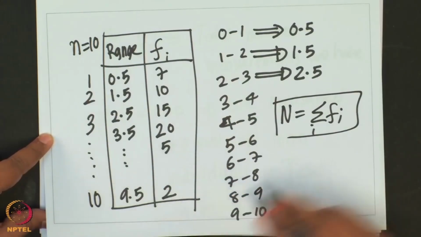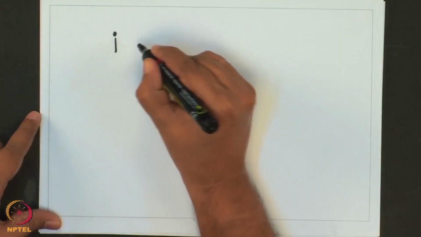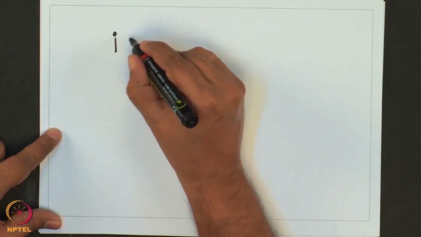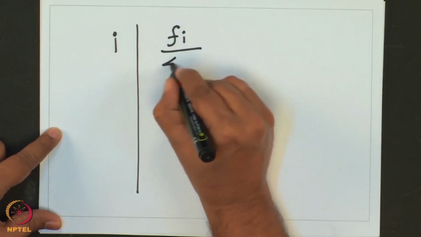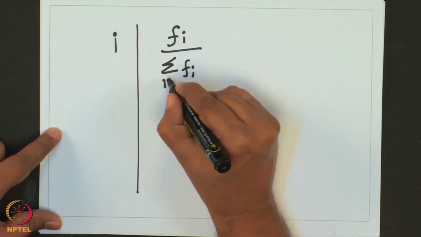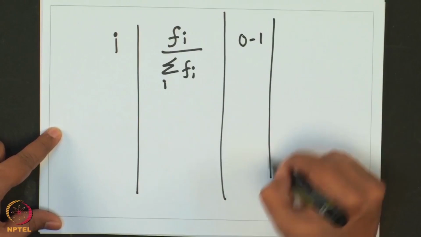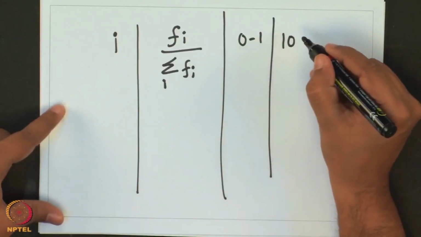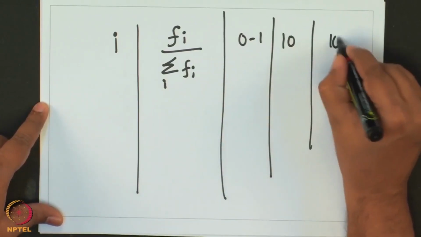Little n is this 10, and capital N is sum over I Fi. Now I can divide this whole thing by the capital N. So I can plot I on the x-axis, I versus Fi divided by sum over I Fi. So instead of saying between 0 and 1, I had 10 numbers, this is my Fi, and let us say I am doing the experiment on 100 individuals, I could divide this by 100.